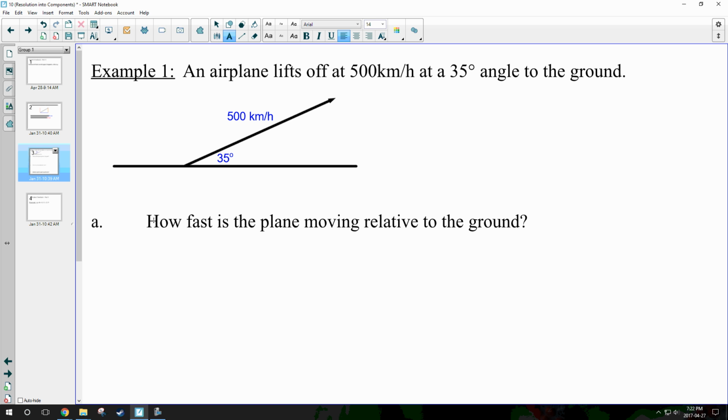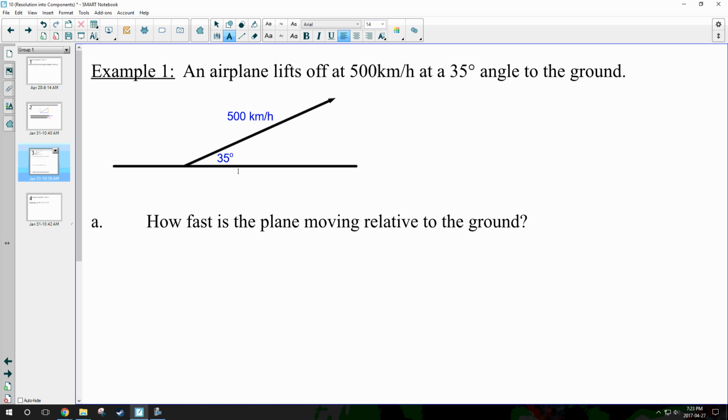Now the first question asks us, how fast is the plane moving relative to the ground? What that means when it says moving relative to the ground is that it's actually asking us for this horizontal component here. What is that speed if it was just traveling along the ground instead of actually lifting into the air at the same time?